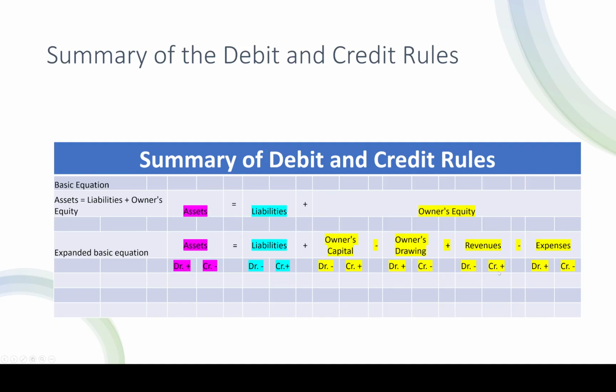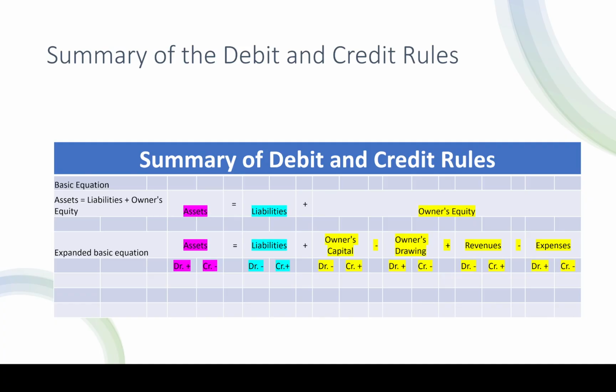I know it's maybe so much to learn, but these are the rules. When you apply them, these become really intuitive. For better understanding, I highly encourage you to watch the last two videos a couple of times. And last but not least, the expenses, debit increases, credit decreases.